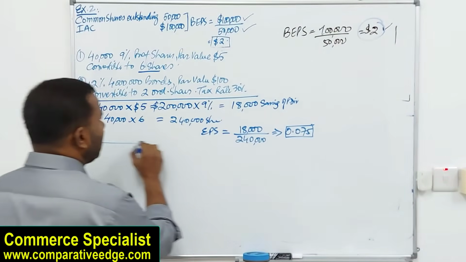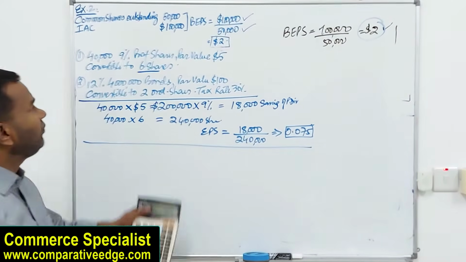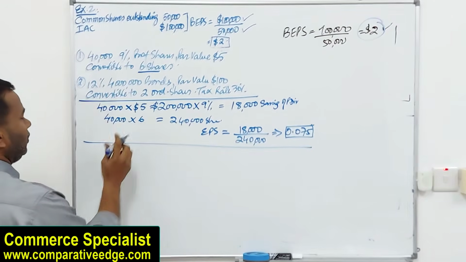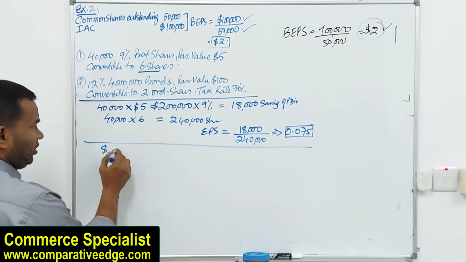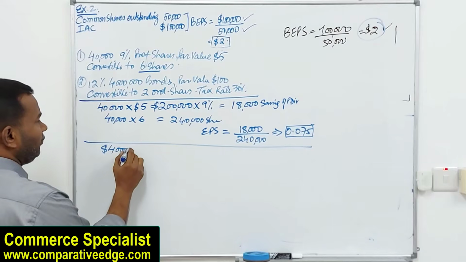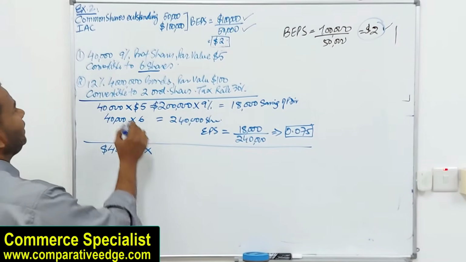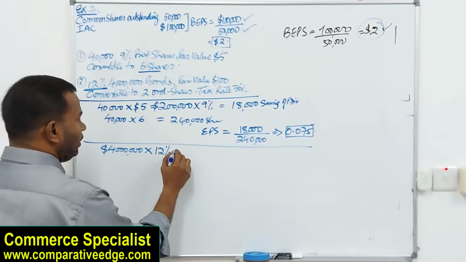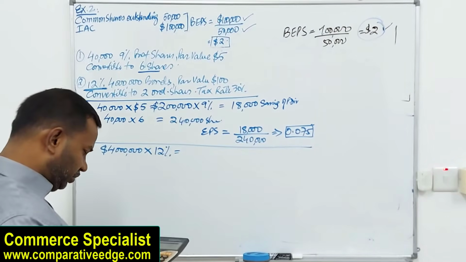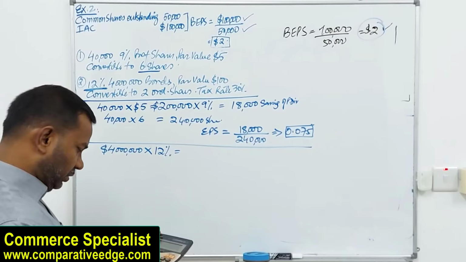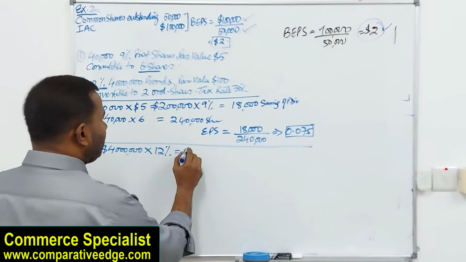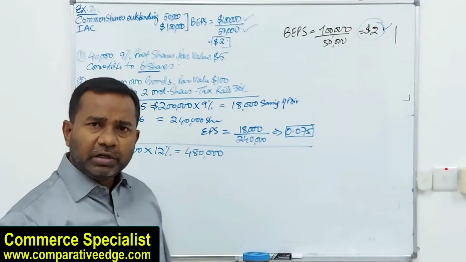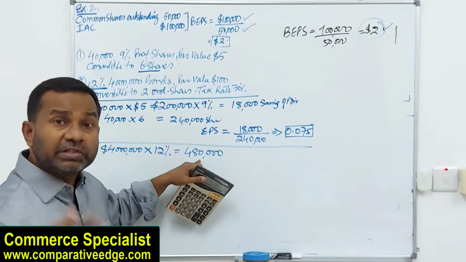Now after this, I'm going on to the conversion effect of bonds. So it said there are 4 million bonds. Okay, the value is given. It is interesting, the value of bond is already given, 4 million. And there are 12%. So 12% is the interest. 12% on 4 million is how much? So that is 480,000. Always remember, when you're converting bonds, you're looking at the interest which is saved.